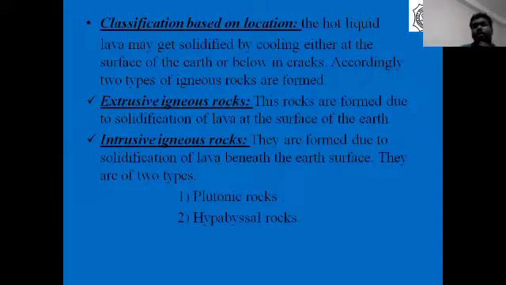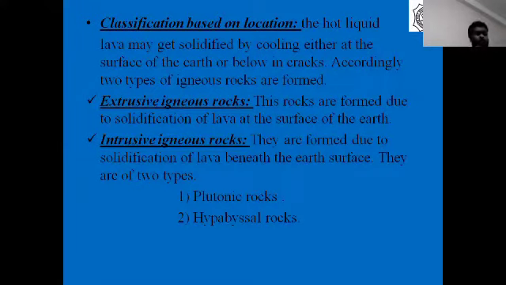The hot liquid lava that comes out from the volcano may get solidified by cooling either at the surface of the earth or below the surface in different cracks. On the basis of cooling, there are two types of igneous rock: extrusive igneous rocks and intrusive igneous rocks.